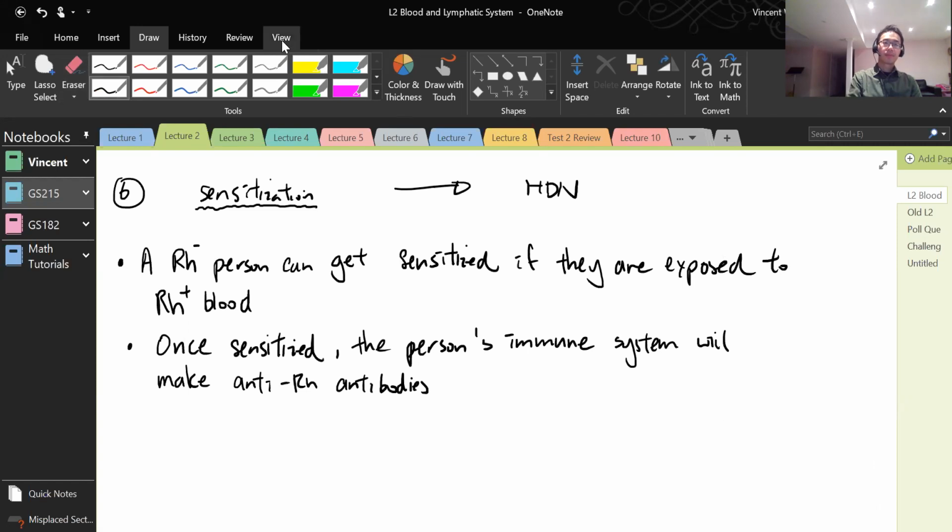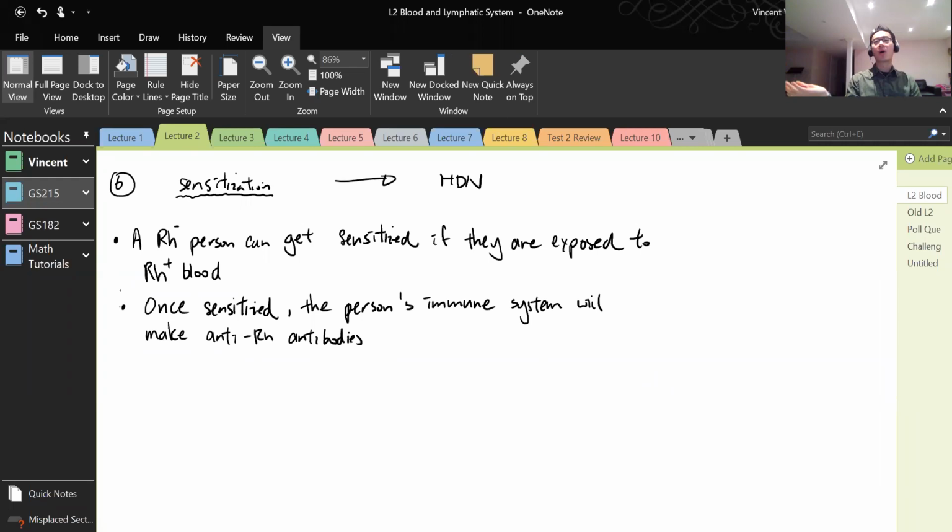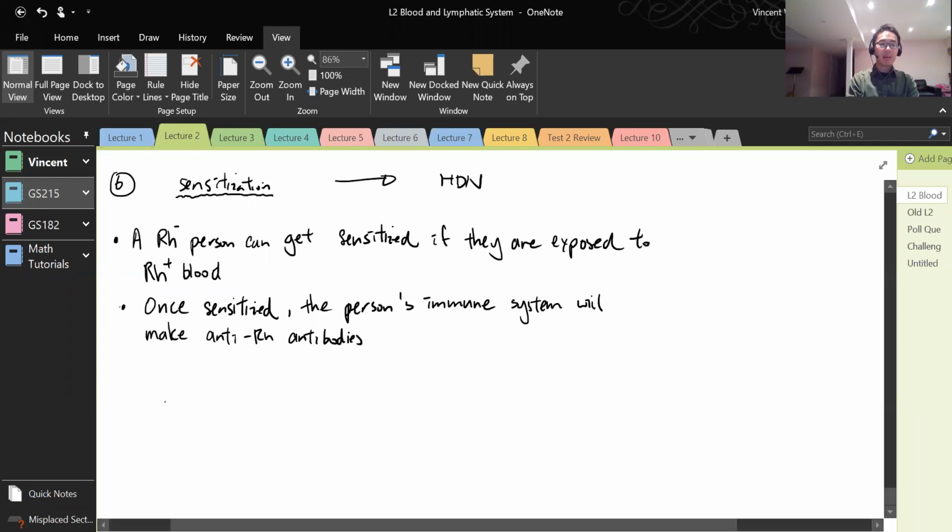All right. So help me out here, so that I know you understand. We make antibodies to attack foreign antigens, antigens that are from outside of the body. For example, if you're type A blood, what kind of antibodies are we going to make?